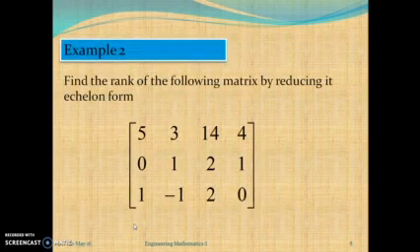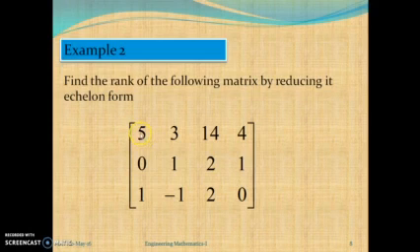Now we go to the second example. Find the rank of the following matrix by reducing it to an echelon form. We have to convert this matrix into echelon form. For that, we arrange all the diagonal elements to be 1. Here the first diagonal element is 5, and we have to make it 1.